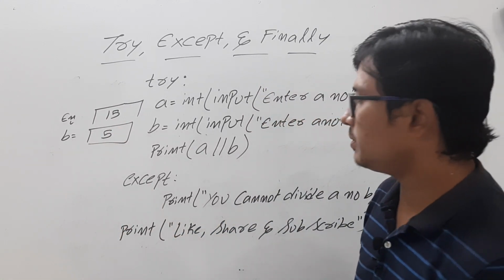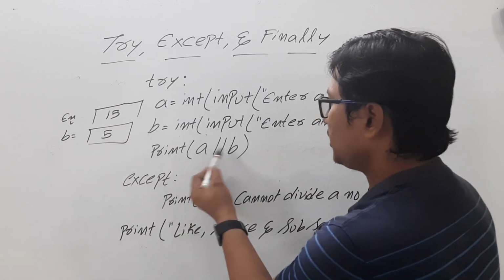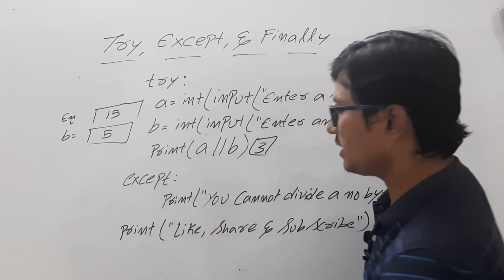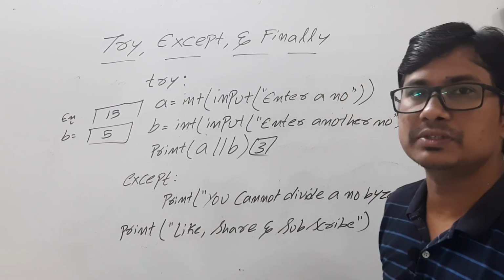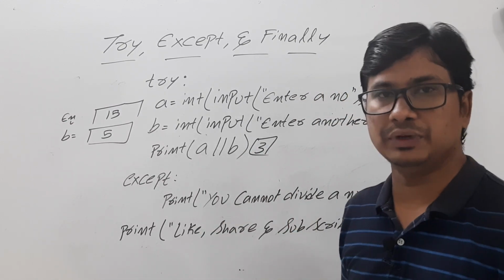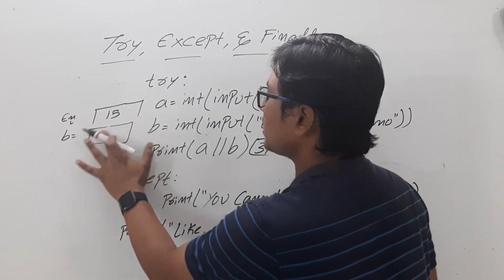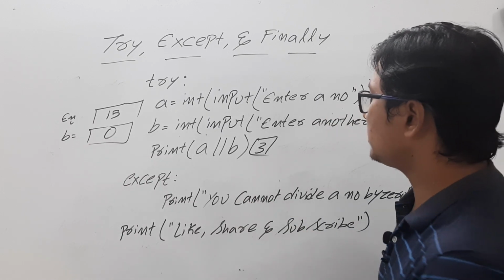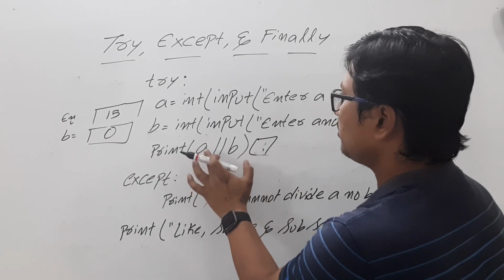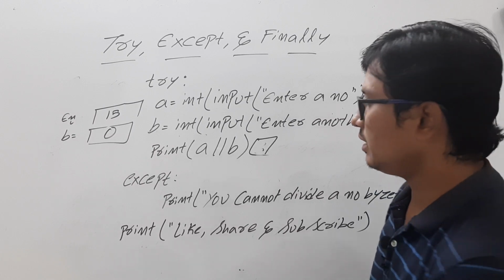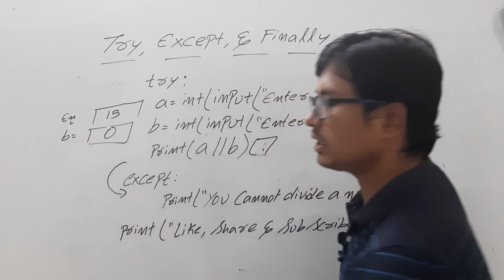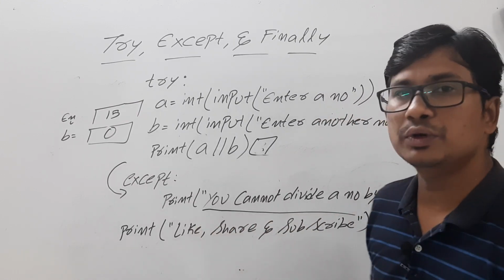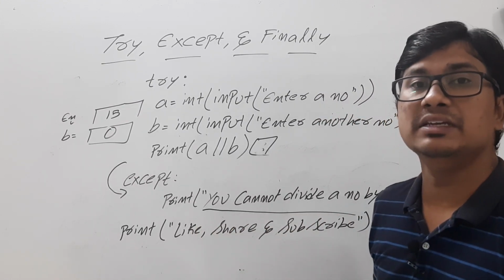In this case, 15 by 5, you will get the output 3, and then finally you will get the output like, share, and subscribe. These are the two outputs you will get. Suppose the user has entered the B value as 0. In this case, A, which is 15, by 0, the control will go to the except block and it will give you the customized output saying that you cannot divide a number by 0.